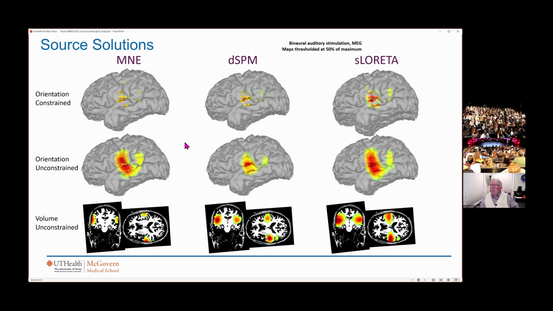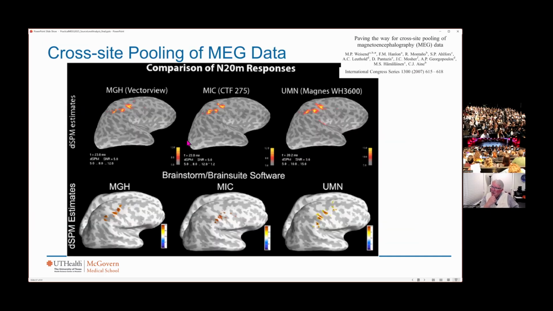A separate study we did several years ago now was we were able to go to MGH, to University of Minnesota, and to University of New Mexico, where they had the Neuromag, the CTF, and the BTI, or the 4D. And so we ran the same subjects over many months, repeating them across there, and then we ran the dSPM estimates through MNE, then we ran the dSPM estimates through Brainstorm.